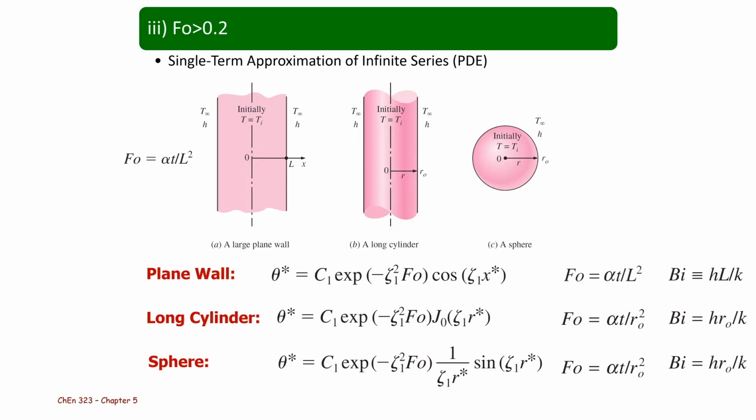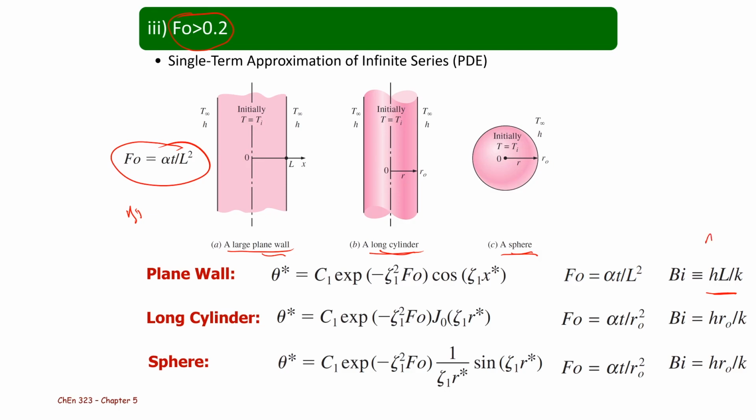And if the first 2 cases are not applicable, then we'll assume the system satisfies this condition. And we have 3 cases again: a planar wall, a cylinder, and a sphere. In this case, we have Fourier number and Biot number, and the definition of the Biot number is different for these spatial effect problems.